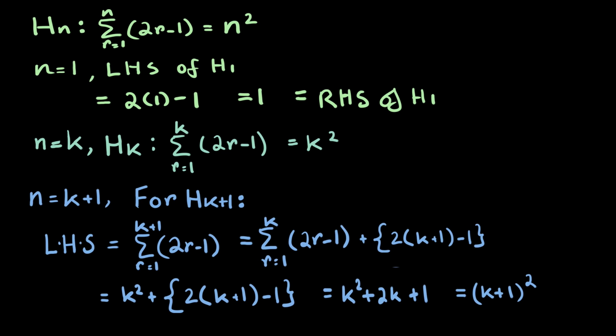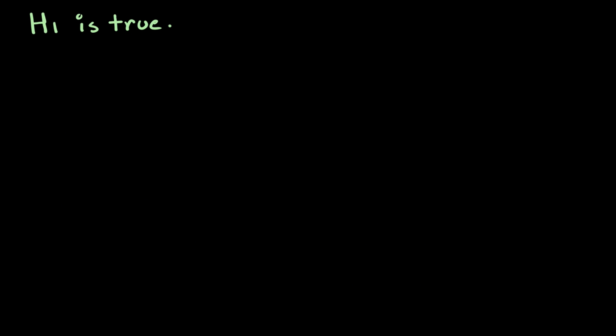As our n was k plus 1, this k plus 1 whole square shows that we have reached n square, that is, the left-hand side is equals to the right-hand side for n equals to k plus 1. So the hypothesis for k plus 1 stands based on the assumption that it was true for n equals to k. So where do we stand now?